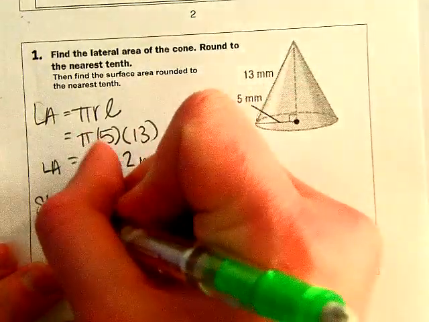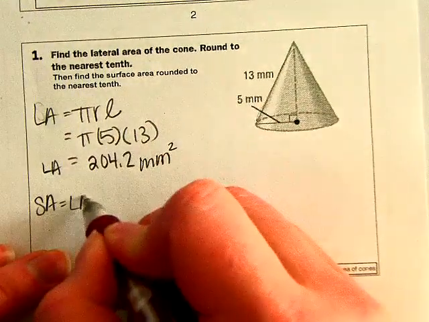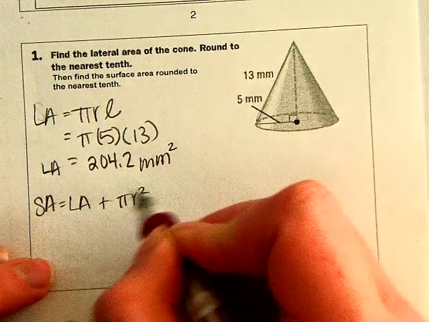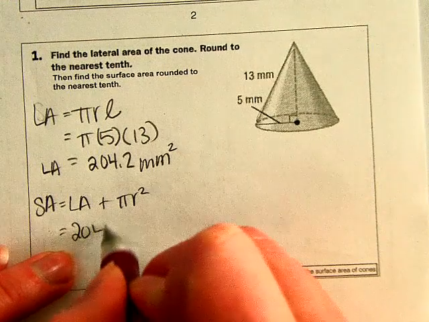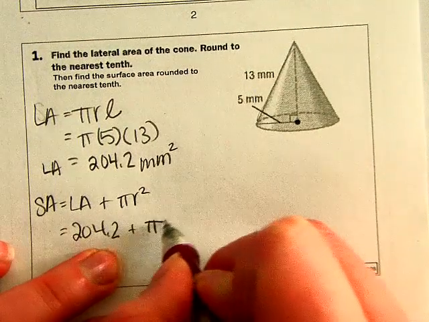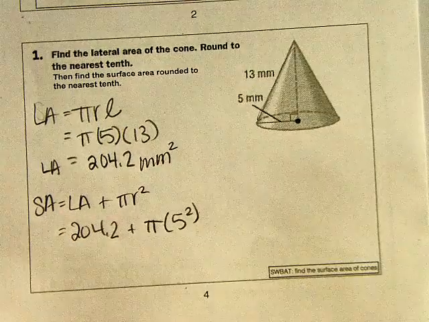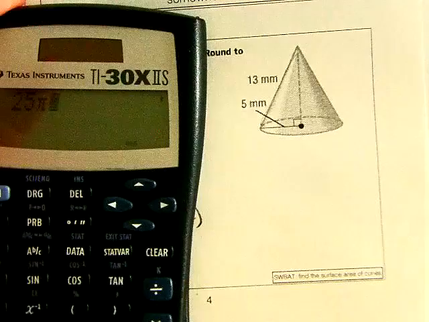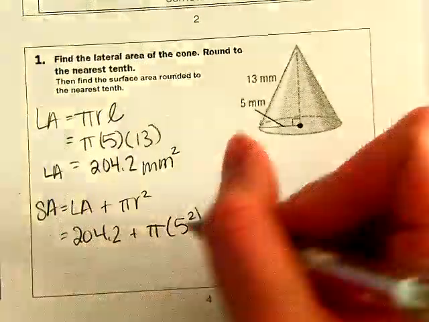So the surface area is going to be equal to the lateral area plus the base. So we've got that 204.2 plus pi times 5 squared. So I'm just going to write 25 pi in my calculator here. That's 5 squared. That's 78.5.